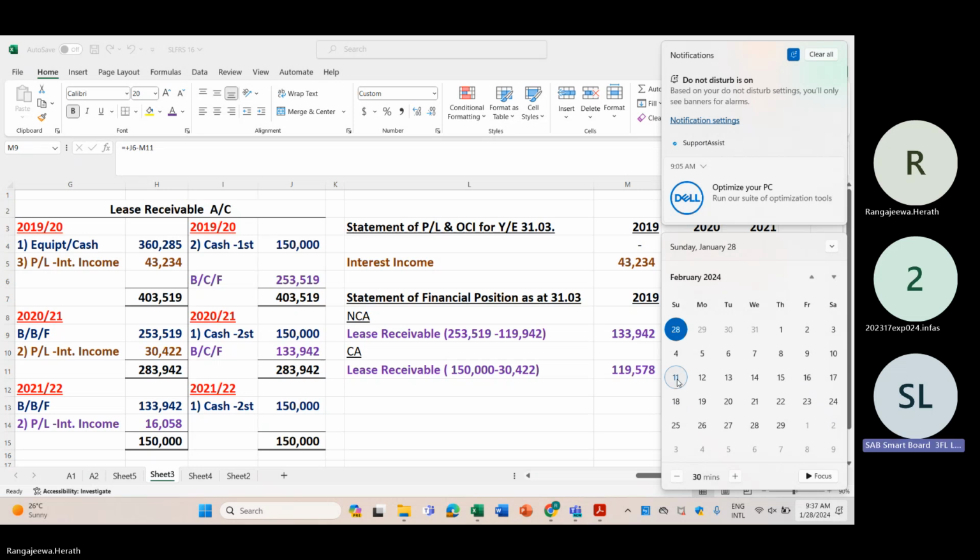February 11th is also a Sunday, right? February 11th is already sports. This time, February 4th, Sunday. Let's just have it then. Physically, but we also have online.